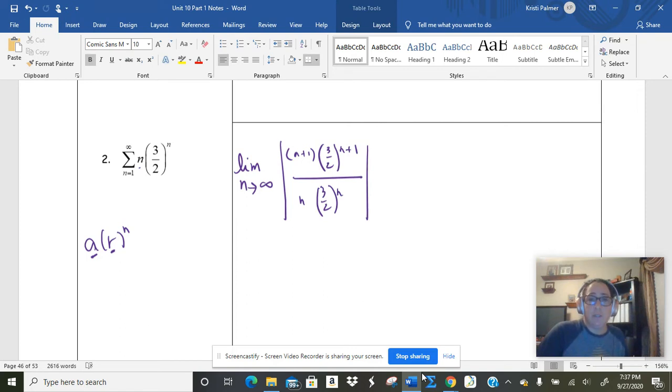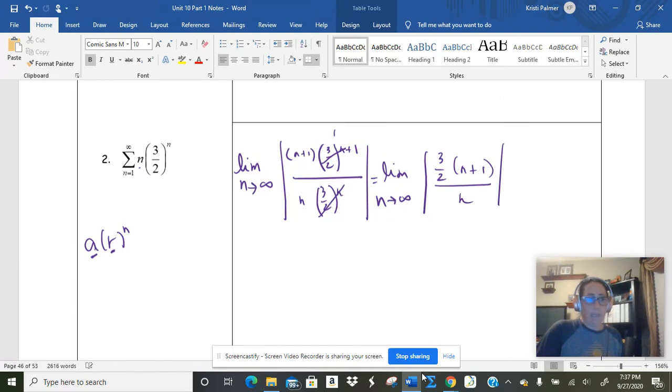So we want to reduce, and I can see that this will reduce and just have it to the first. So that's the same as the limit as I go to infinity of now just 3/2 times that n plus 1 over the n. And this one is easy to see that they're growing at the same rate.